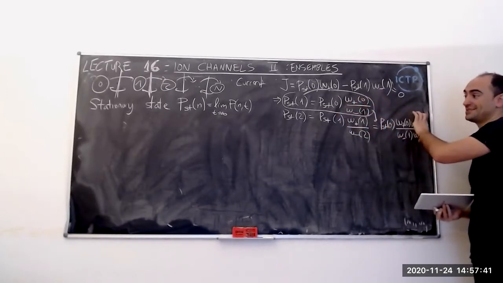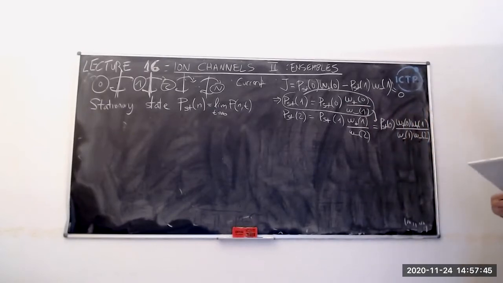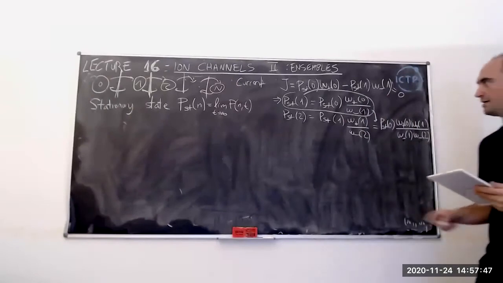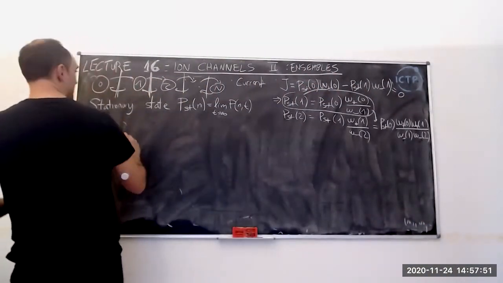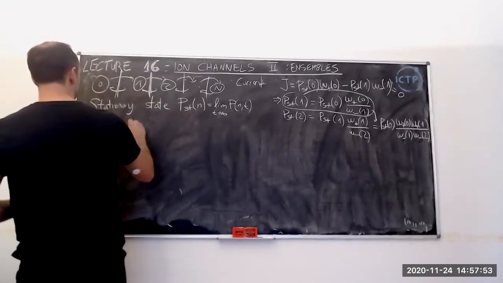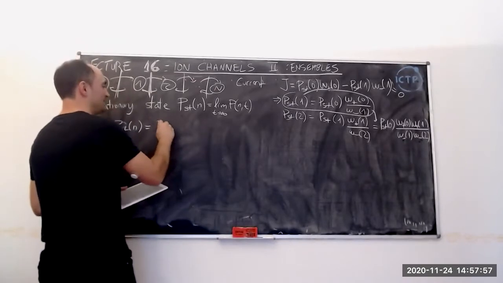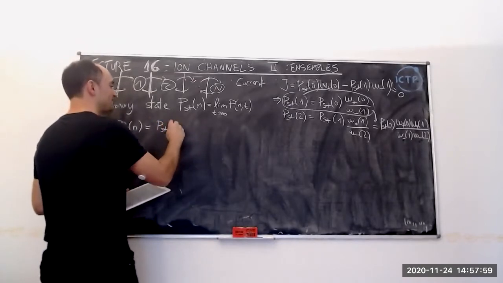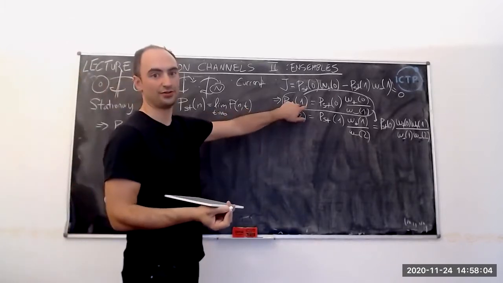P stationary 3 will be three of these, etc. So following this rule, one gets that P stationary n will be P stationary 0. When n is 1, we have one product. When it's 2, it's 2 products.